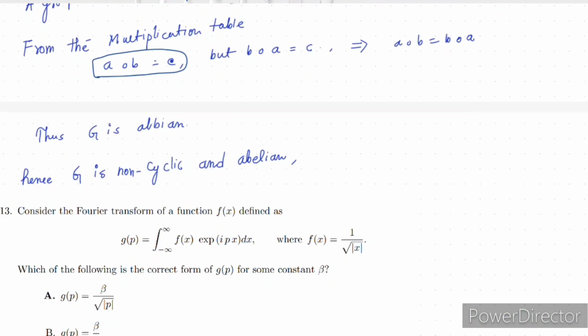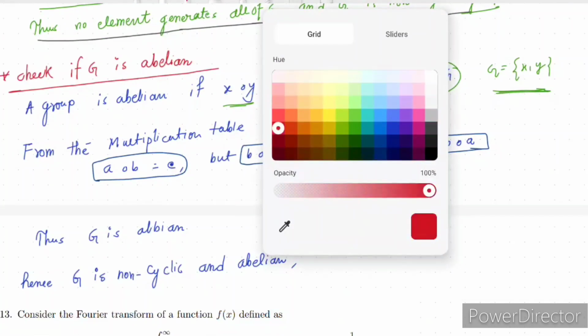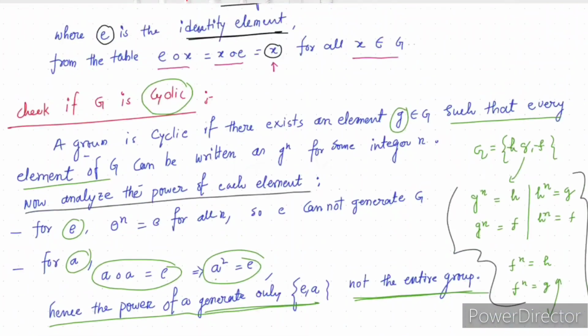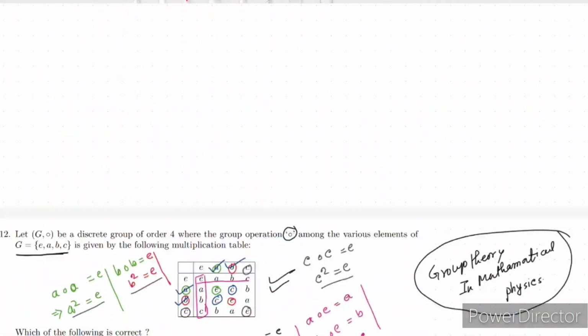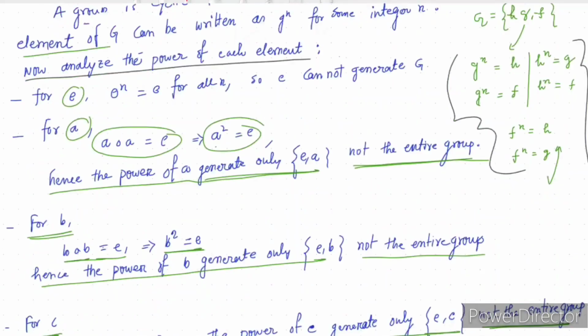So a multiplied with b equals b multiplied with a, so it is satisfied. So if a and c or b and c satisfy the same, we just check here, right? We check a and c multiplied with a and c. From this multiplication table, a and c we get b.